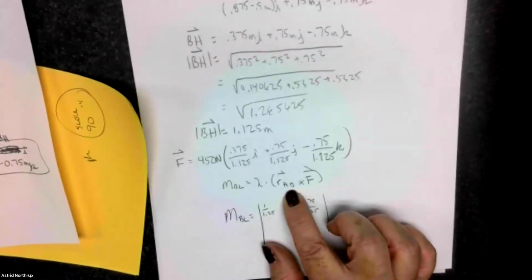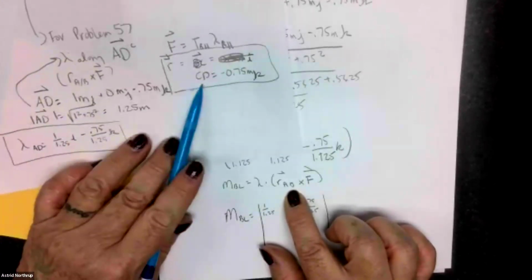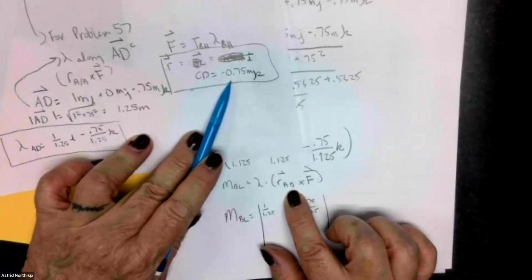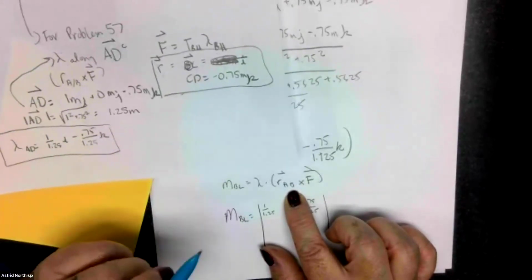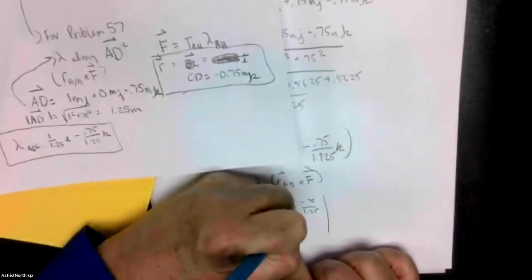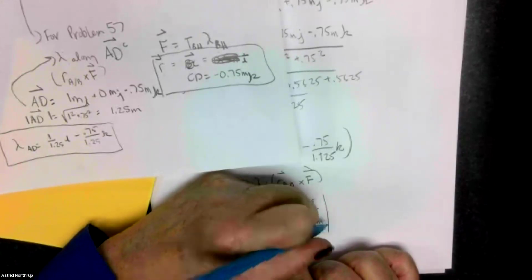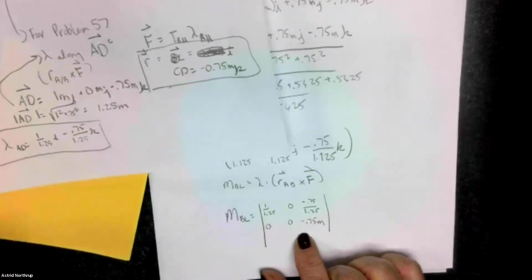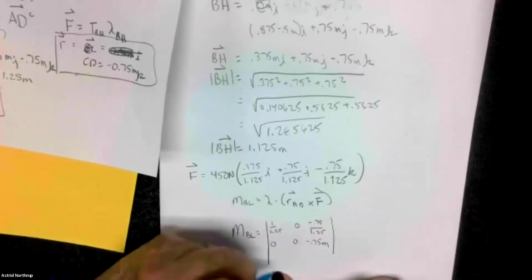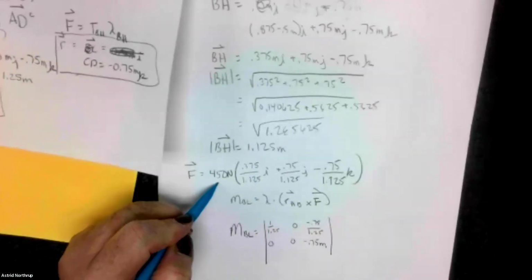The second row is my R, the distance from the force to the line of action or to a particular point. And that is negative 0.75 meters K. So it's 0, 0, negative 0.75 meters. And then the last one is the force. I can put 450 outside, but let me just simplify this.